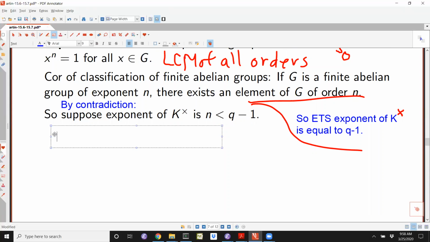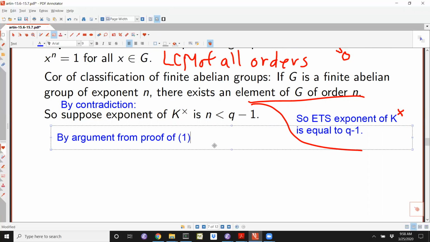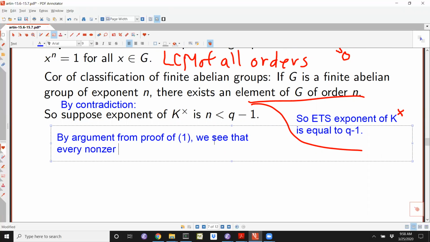In that case, by the argument from the proof of 0.1, we see that every non-zero element of K is a root of x^n minus 1.